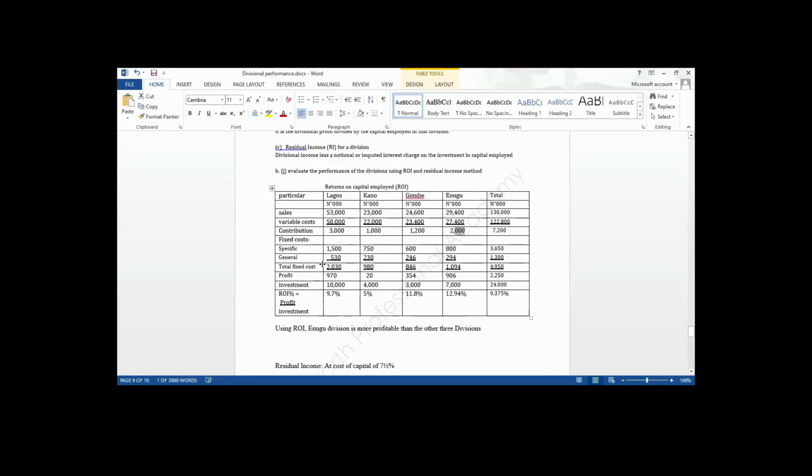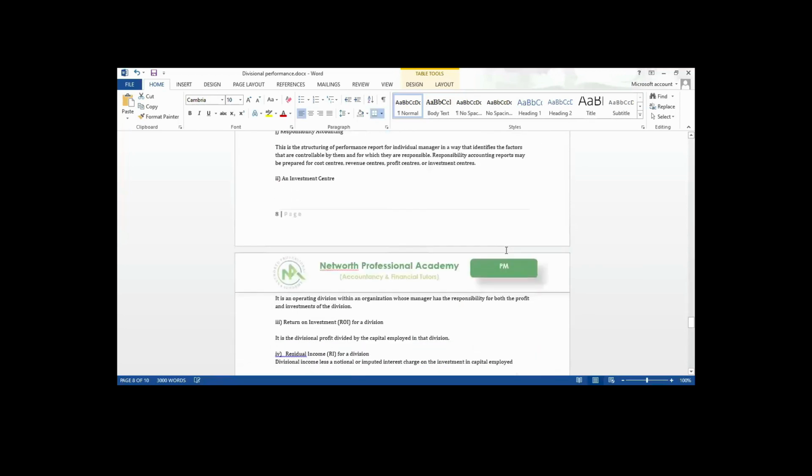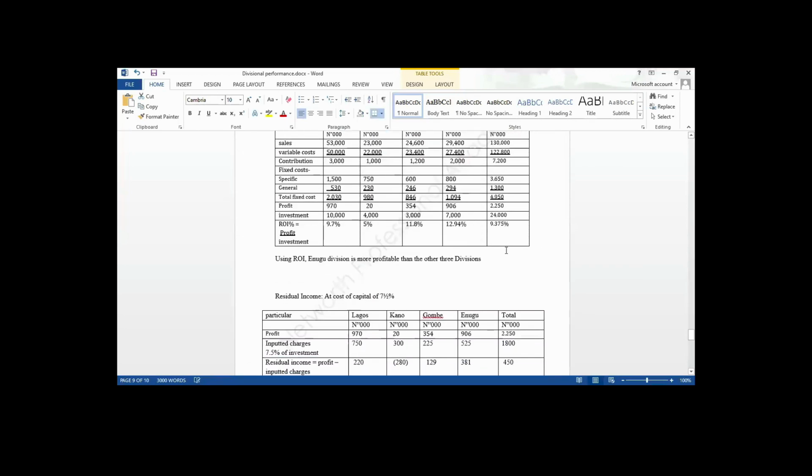Investment. Pick your investment figure. That is 10 million, 4 million, 3 million, 7 million.